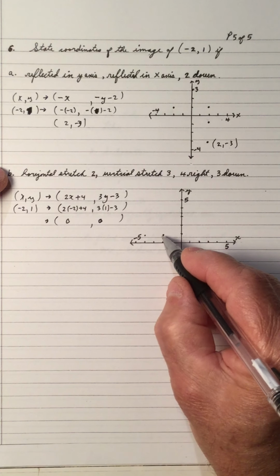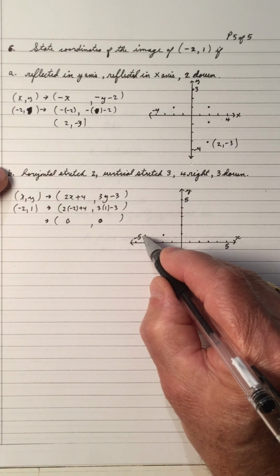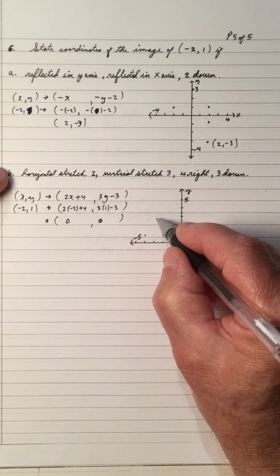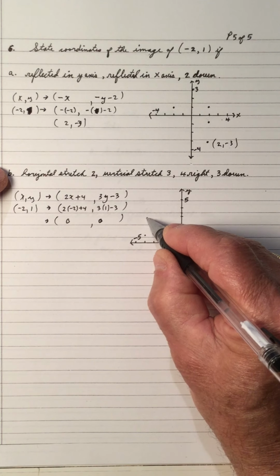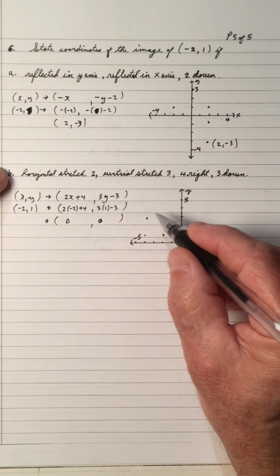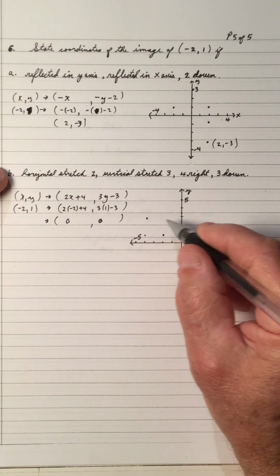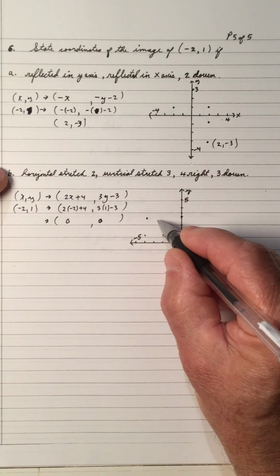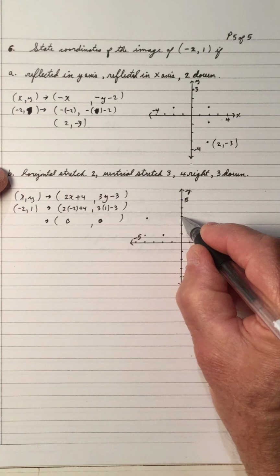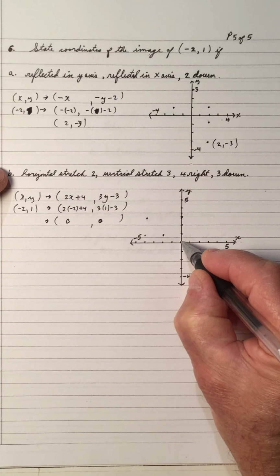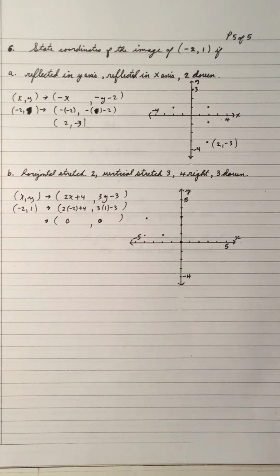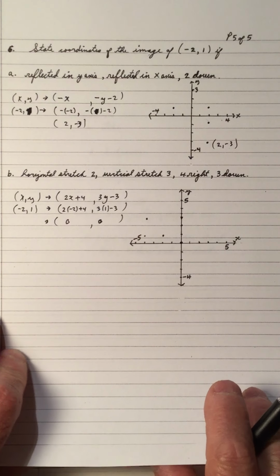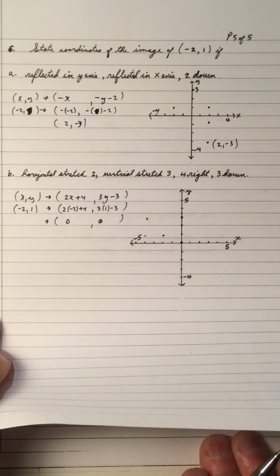And the vertical stretch of 3 is 3 times 1 is 3 right here. And it's gone 4 right to here. 1, 2, 3, 4. And down 3, 1, 2, 3. Perfect. Sometimes it can be awkward. You just got to be very careful in what you're doing.